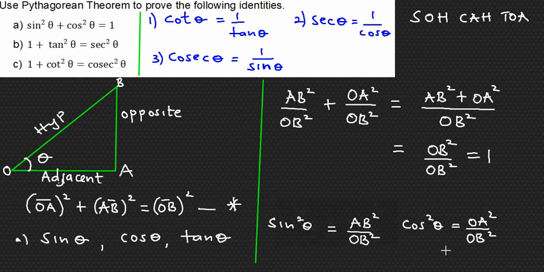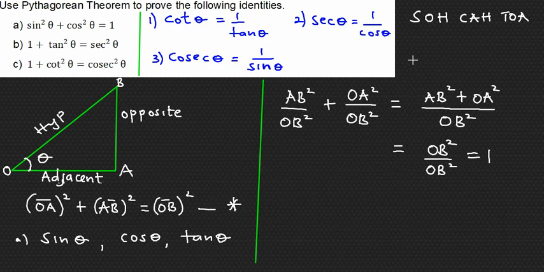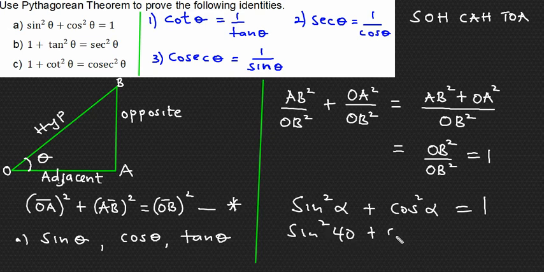Which means that whenever I get sine squared, it is something which is very important. You have to know it always. Whenever I get sine squared of any angle, it can be sine squared alpha plus cos squared alpha, that should be 1. Even if it is sine squared 40 plus cos squared 40, that will always give you a 1. So that is a major identity, the very first identity we have derived.